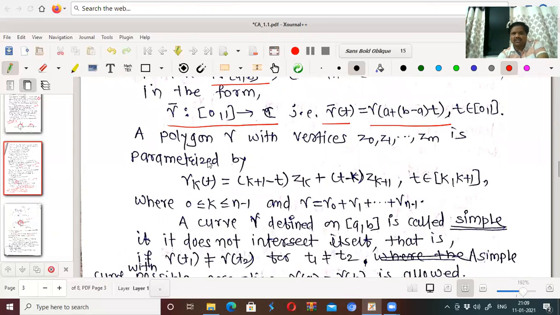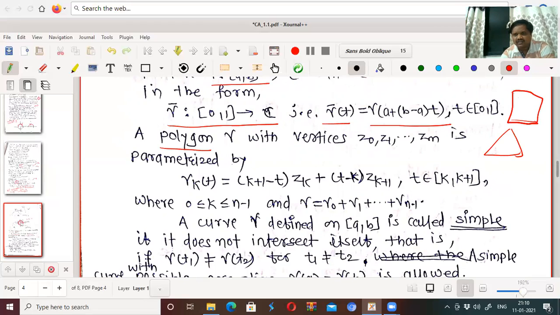Okay, a polygon gamma with vertices z0, z1 up to zn is parameterized by... polygon means what? Square, triangle. A triangle is a polygon with 3 sides. This square or quadrilateral is a polygon with 4 sides.